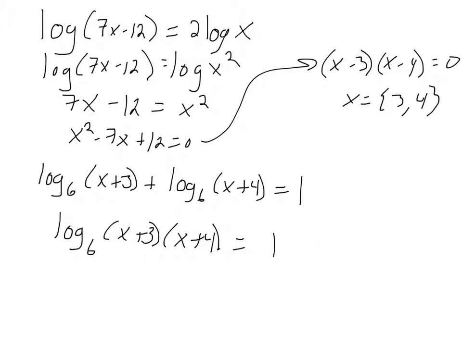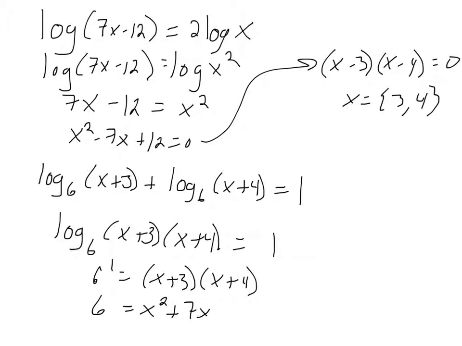We have a logarithmic expression, and anytime we have logs on both sides, we do the whole equating thing, but now we don't have a log on this side. So if we just have a log equals some number, we usually write it in exponential form, so 6 to the 1 equals x plus 3 times x plus 4, and 6 to the 1 is just 6, and if I multiply this out, I get x squared plus 7x plus 12.